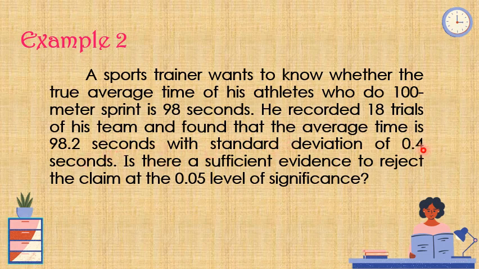With standard deviation of 0.4 seconds, is there a sufficient evidence to reject the claim at the 0.05 level of significance? Again, tingnan natin yung mga important data. We have the 98 seconds, the 18 trials, and the 98.2 seconds, and also the 0.05 level of significance.